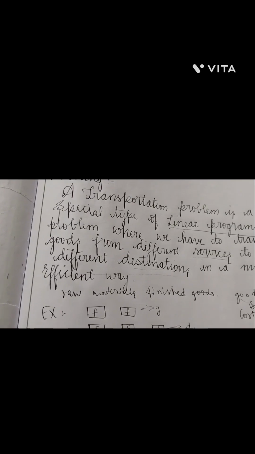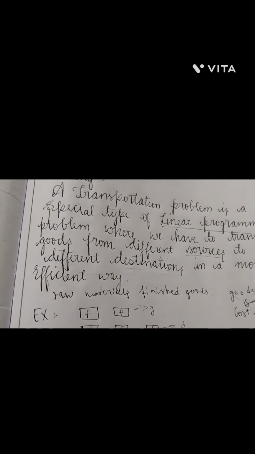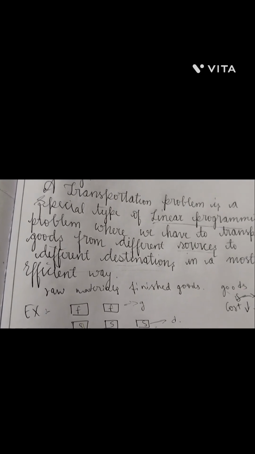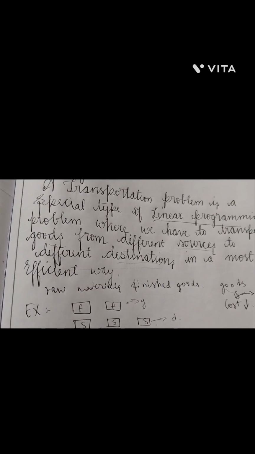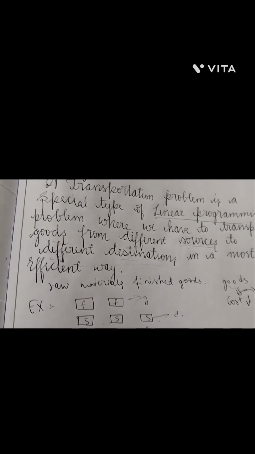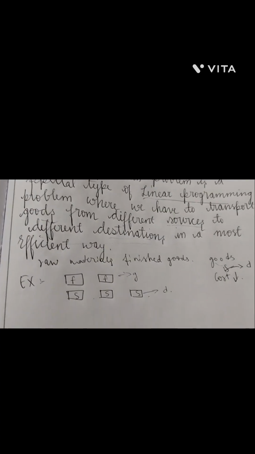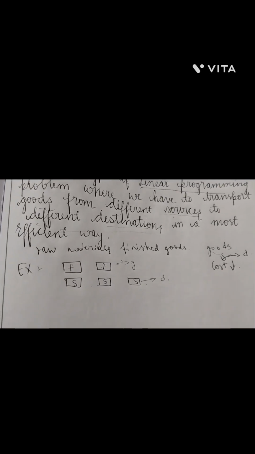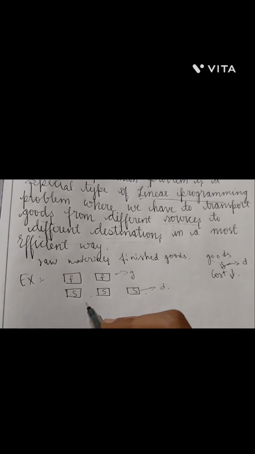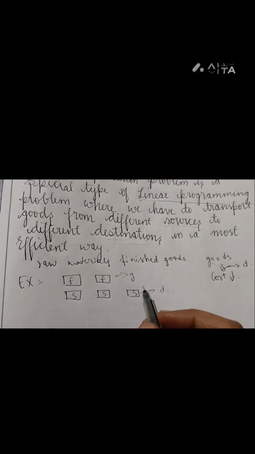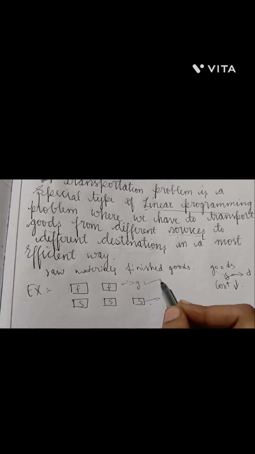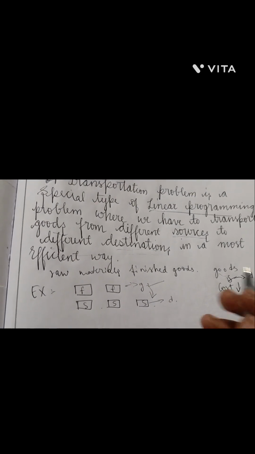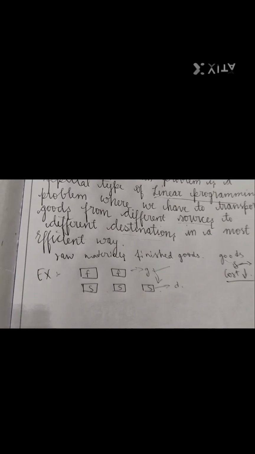Now, the question is, how should we transport goods from these factories to the shops so that all the demands are satisfied and the total cost is minimum? This is exactly what a transportation problem helps us to solve. So, in simple words, a transportation problem is about finding the most efficient way to distribute the goods from sources to destinations while minimizing the total cost.